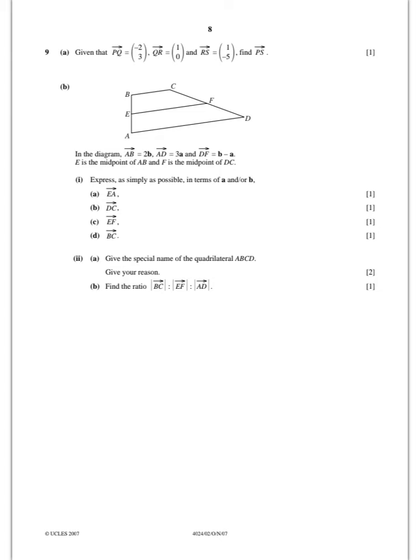In the first part, it says that you have PQ, QR, RS, and you need to find out PS. When we discussed vectors, we know that AB plus BC is equal to AC, right? When we have this condition, the same concept applies in the first part. If you add PQ plus QR, it will be PR, PR plus RS, it will be PS.